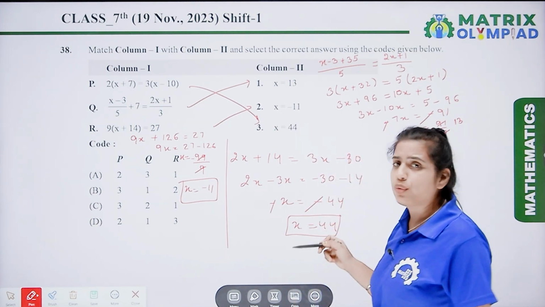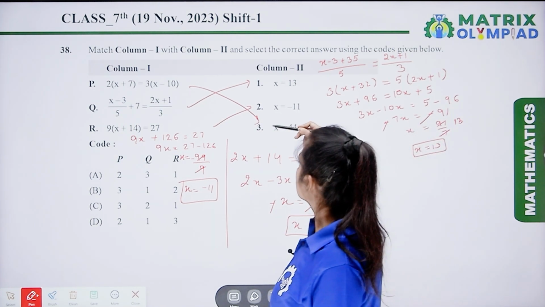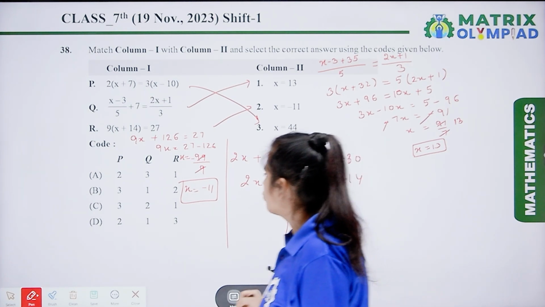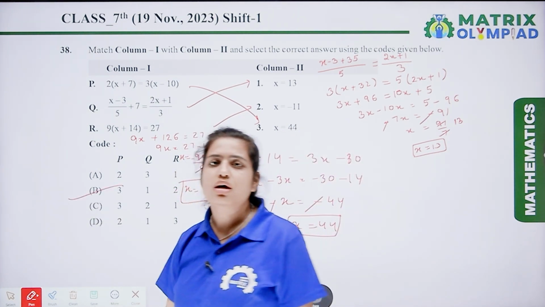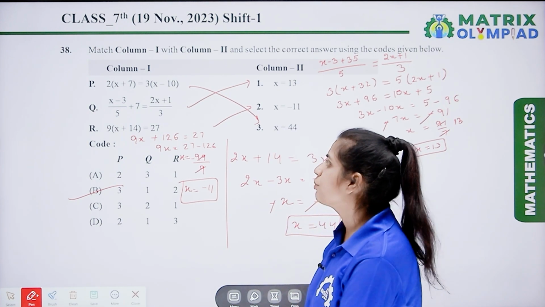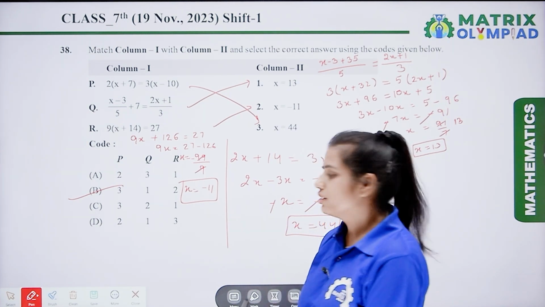So the correct sequence in this question is 3, 1, 2. So here 3, 1, 2 is in the B option. So here option B is the correct answer.